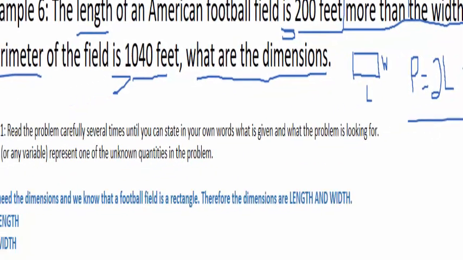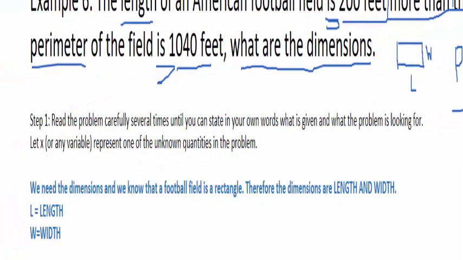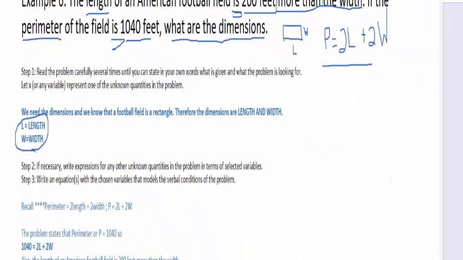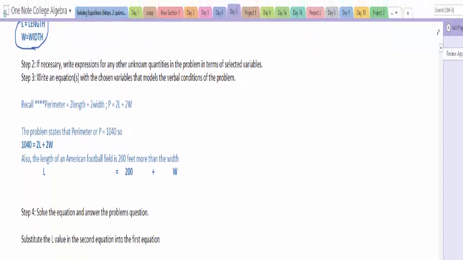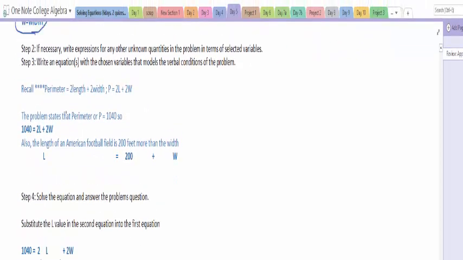My variables are going to be P and L and W: L for length, W for width, and P for perimeter. P equals 2L plus 2W, but remember, I already know what P is. P is 1040. The problem told me that. So I'm going to substitute 1040 in there, and I'll get 1040 equals 2L plus 2W.